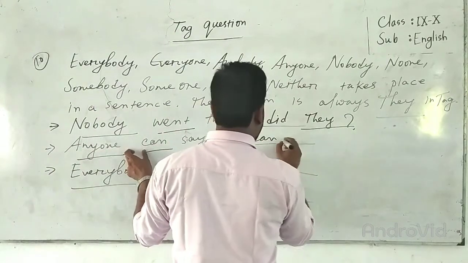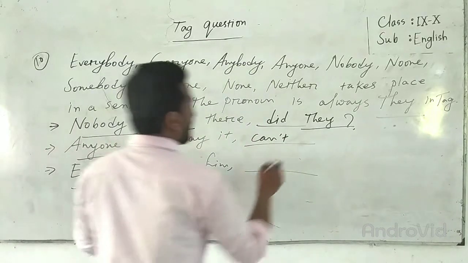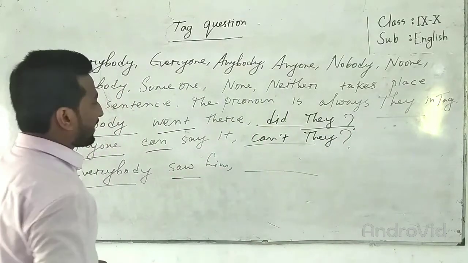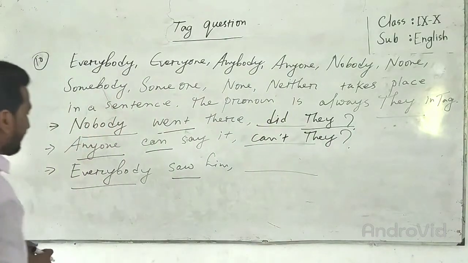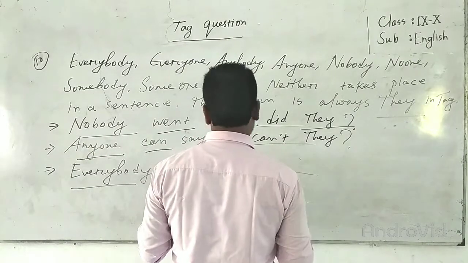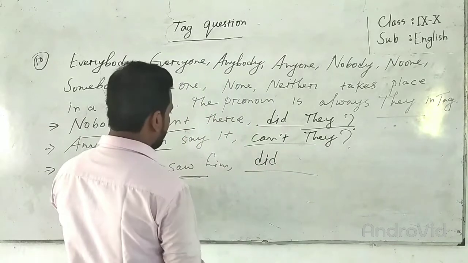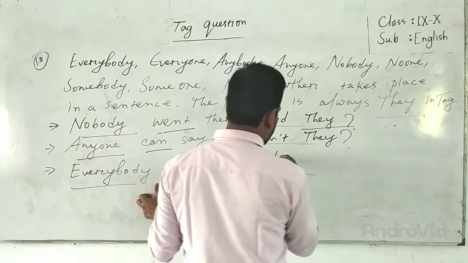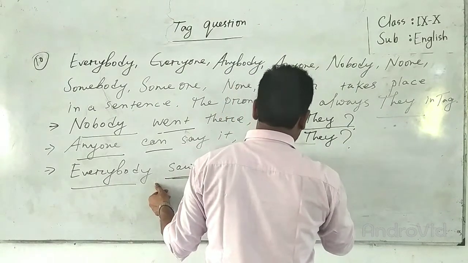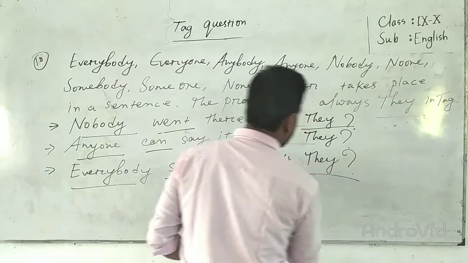The clause is affirmative, so here is negative. Can't. If anyone, the pronoun is they. Anyone can say it, can't they. Everybody saw him. Here saw main verb or principal verb. Did for saw. The clause is affirmative, so here tag is in the form of negative. If there is everybody, the pronoun is they always.